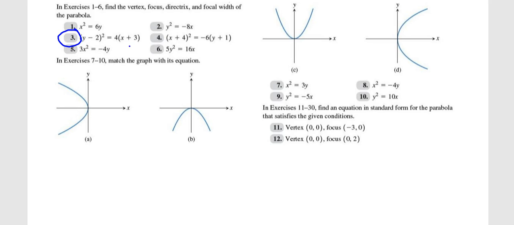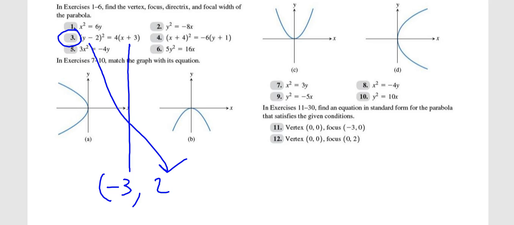So the vertex is what? -3, +2. A lot of kids mix that up because they don't look at the letter choices to decide what's going on with x and y. So -3, +2. 1, 2, 3, 1, 2. So that's my vertex.